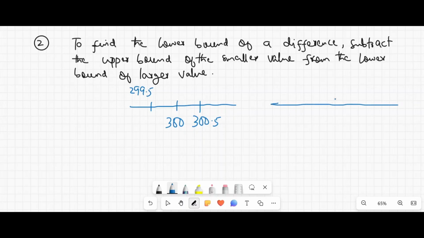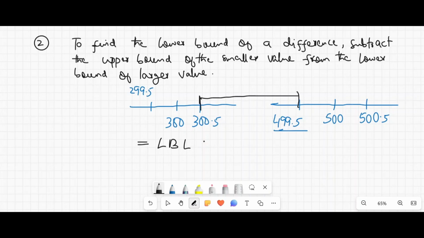Now this is 500.5, and 499.5. When we're finding the lower bound of a difference, this is the upper bound of the smaller, and this is the lower bound of the larger: lower bound of larger minus upper bound of smaller.